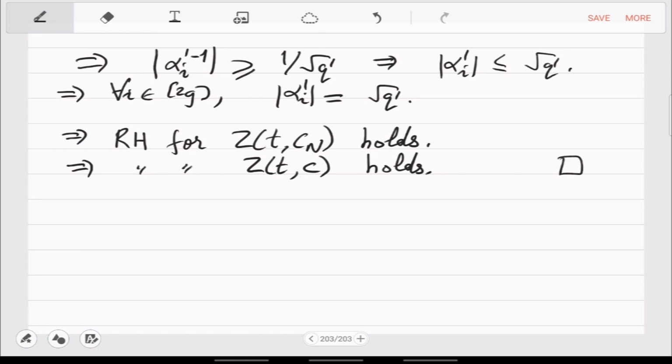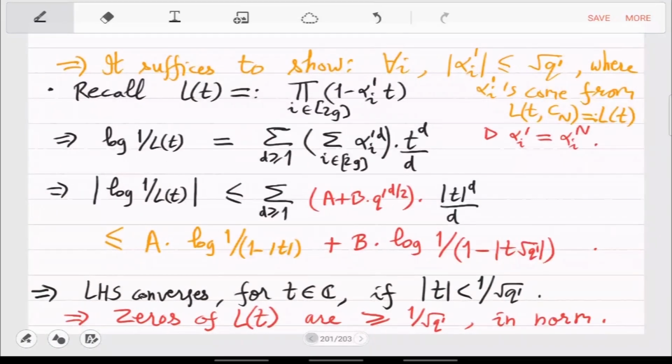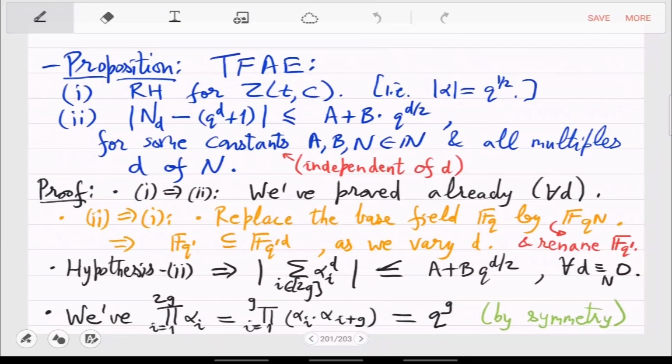Yeah, so actually we are using the first reduction. So we first prove it for the changed base, and then from there we go to the original curve C. Yeah, that's great. So now you see why we actually need multiples of n. If you miss a multiple, then this argument may get into trouble. Because what we are really doing is, first we are doing a base change to q raised to n. So for all multiples of n, we should have an estimate. And then it's actually equivalent.